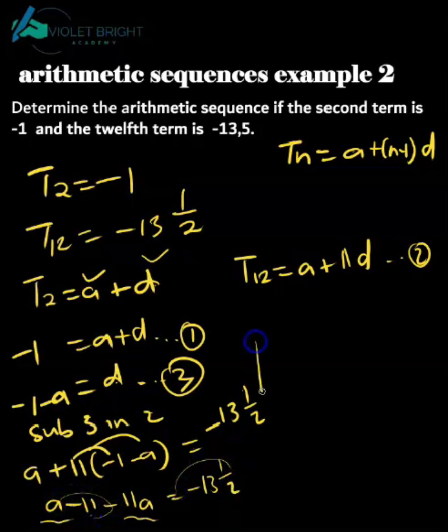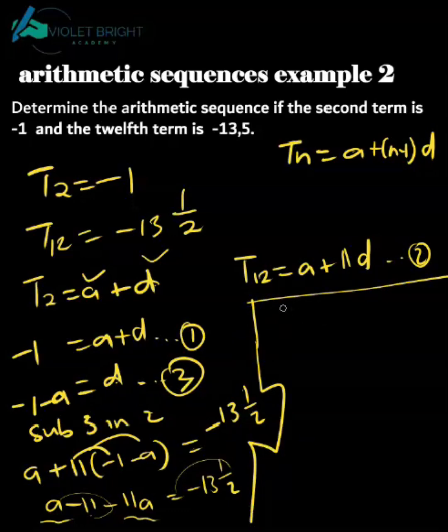So let's just do this. So here we know that we will have -13.5 plus 11 equals a minus 11a, which is -10a.